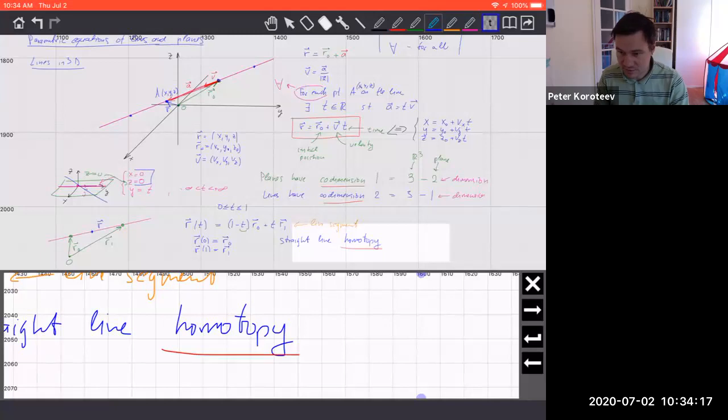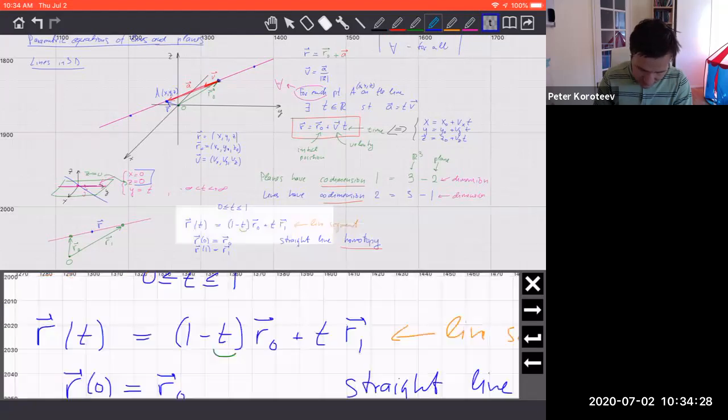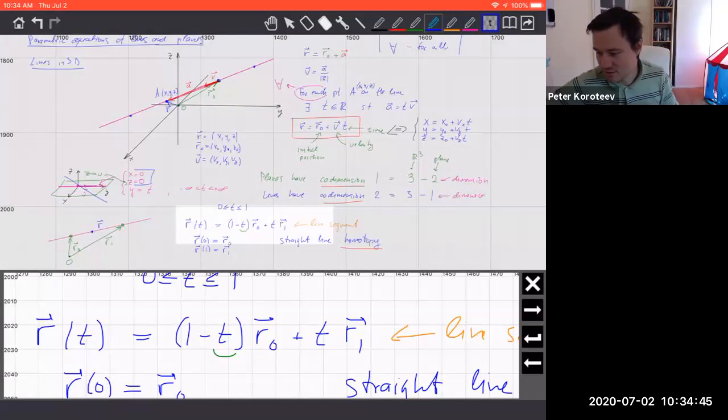Homotopy is another term; maybe let me type it here in the chat window. It's used in topology. Essentially, it allows you to take one shape and continuously deform it into another one. Using this straight line homotopy, you can show, for example, that a coffee mug can be continuously deformed into a torus, like I have one here.